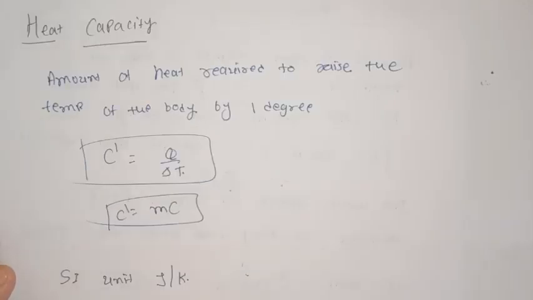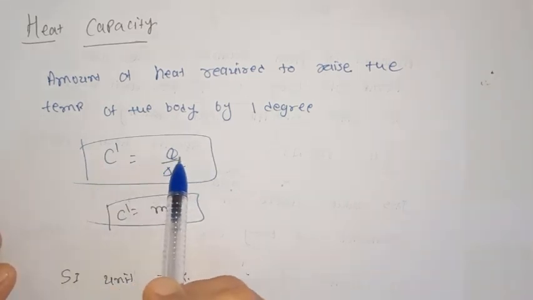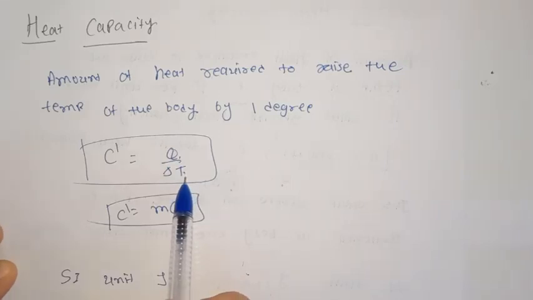Heat capacity is the amount of heat required to raise the temperature of the body by 1 degree Kelvin or 1 degree Celsius. It is denoted by C dash, that will be equal to the heat required per unit change.